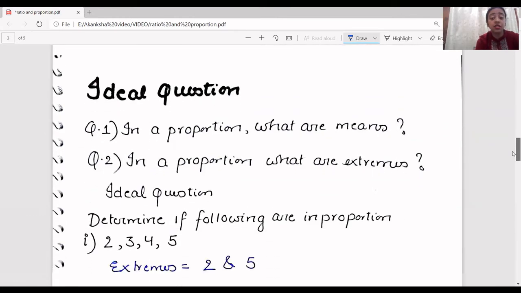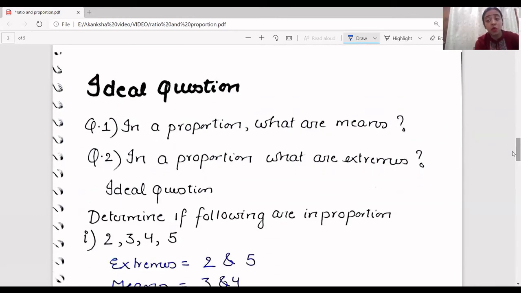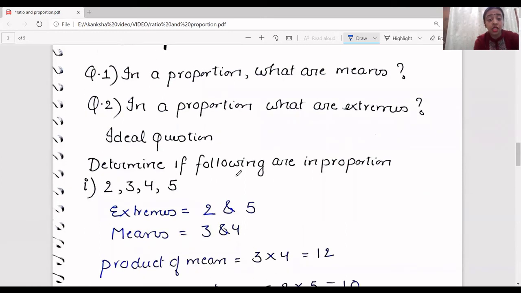Let us take up one more example. Now, this is a question of means and extremes. When there are 4 numbers given to you, a common question is, are these 4 numbers in proportion to each other? So let's see how you find the answer to such questions. These are 4 numbers: 2, 3, 4, 5.